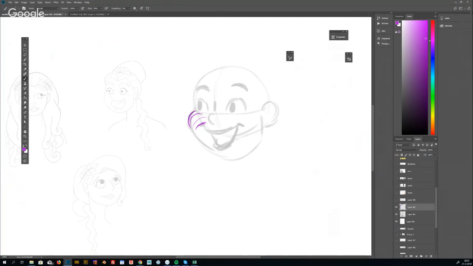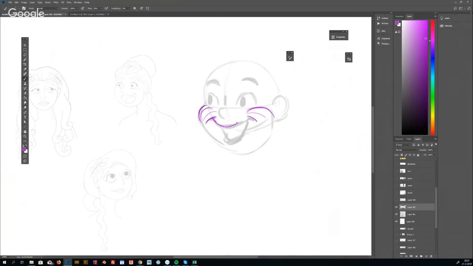So here we have the cheek. It goes like this. Then we have the mouth. So try to think in a bit of 3D. And then you can add the mouth like this, if you want a big mouth like this. So maybe this is a bit too slapstick.